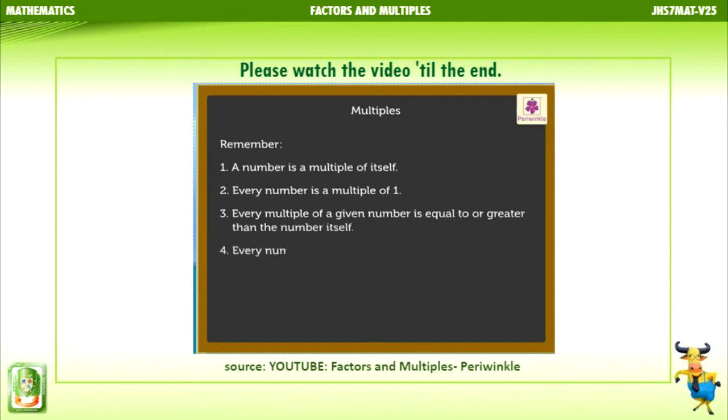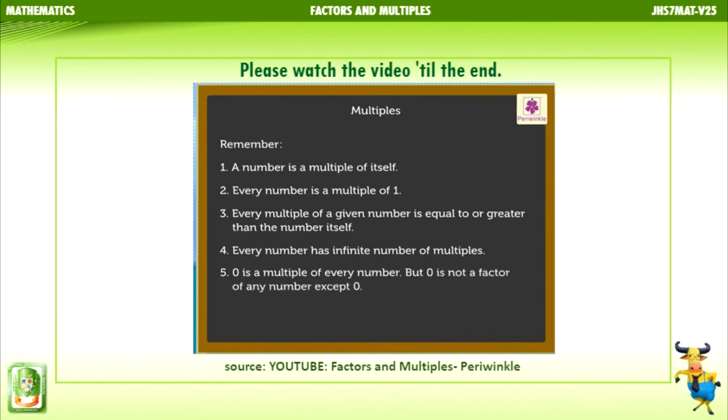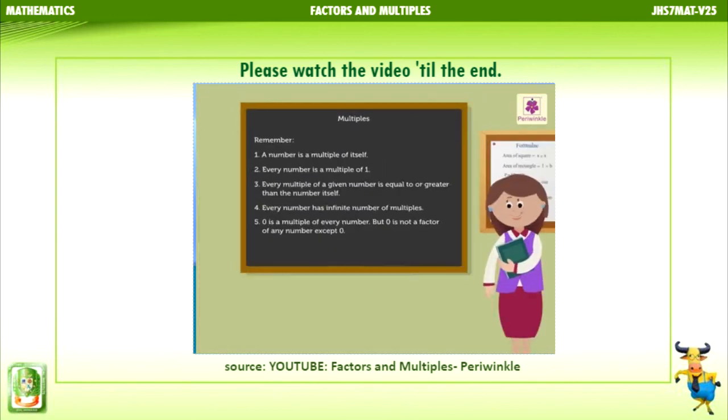Every number has an infinite number of multiples. 0 is a multiple of every number, but 0 is not a factor of any number except 0. Revising factors and multiples was fun.